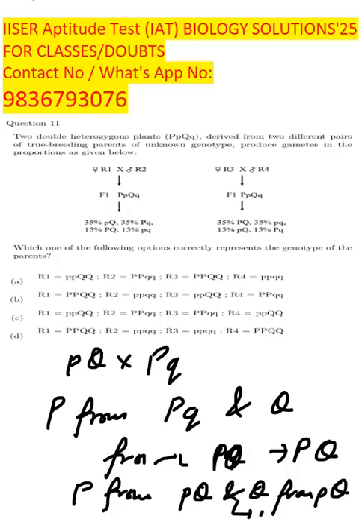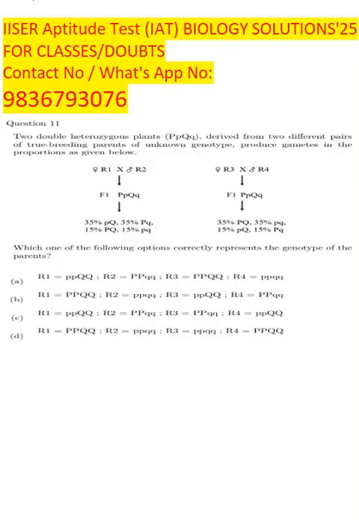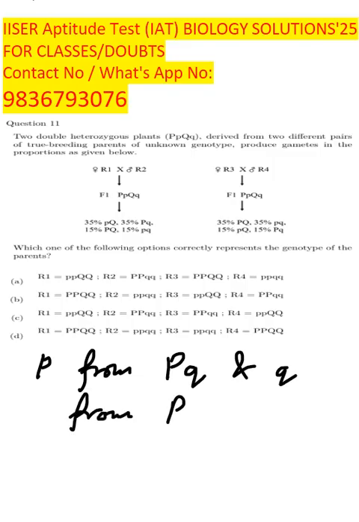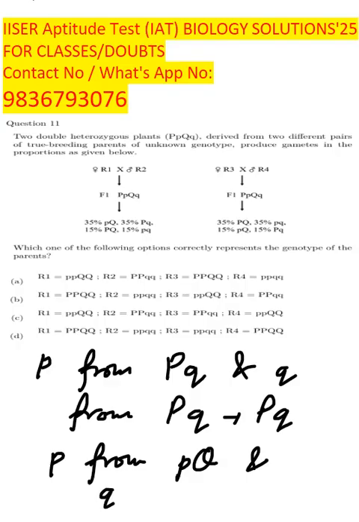So that will bring pQ. Again P from PQ and Q from pq. So that's PQ. And then finally p from pq and q from PQ.